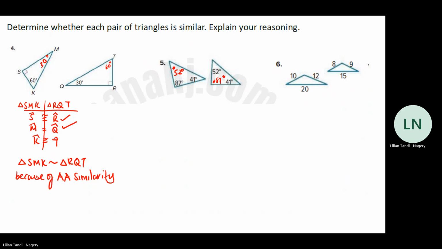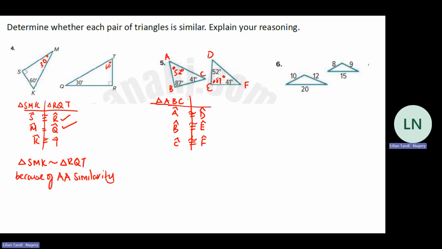So, okay, then we'll put here labels. If they don't give you labels, put labels: A, B, C, D, E, F. So triangle ABC, I have angle A, angle B, angle C. So we find out who is friends. A is 52, D is 52. B is 87, E is 87. C is 41, F is 41.